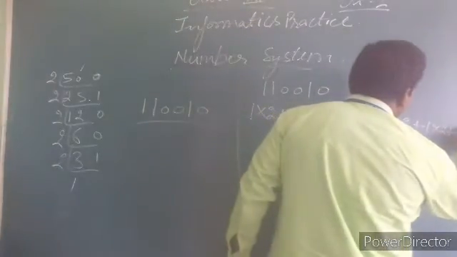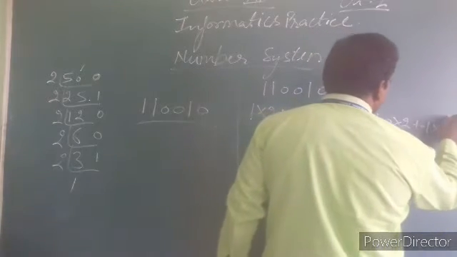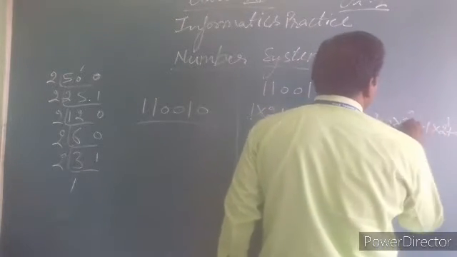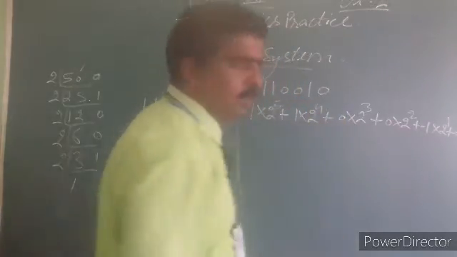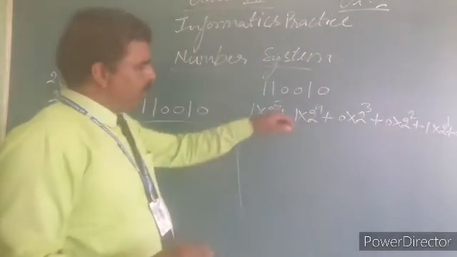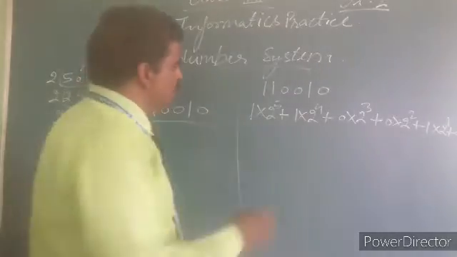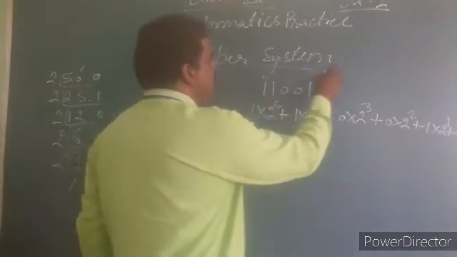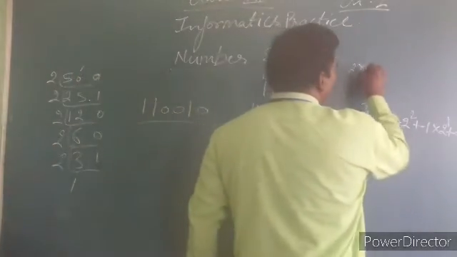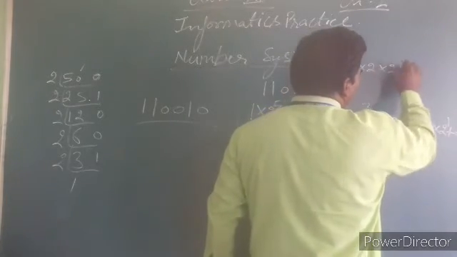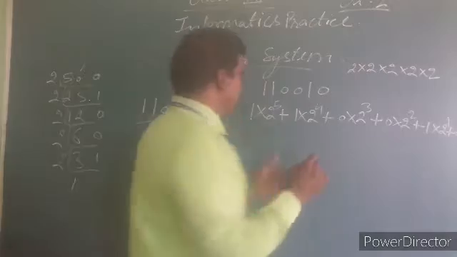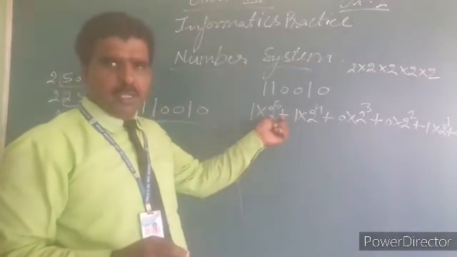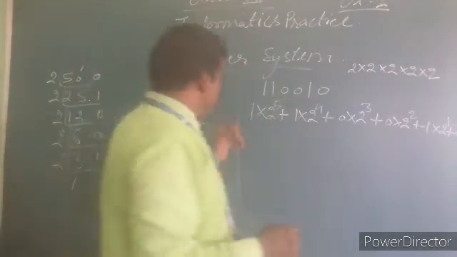So indexing will start from 0: 0, 1, 2, 3, 4 and 5. Here 5 is here, so it means 2 into 2 into 2 into 2 into 2. It will come 5 times, as you know. This is the concept of math.